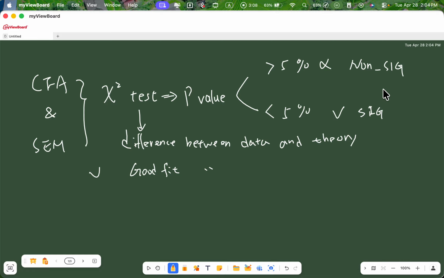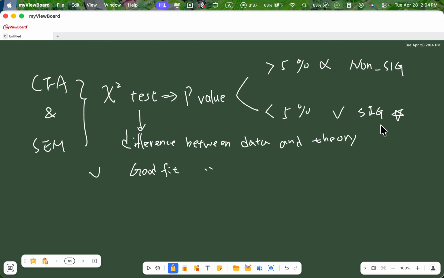So we're looking for the p-value. Try to remember this one. We're looking for a p-value of chi-square greater than 5%. But usually you will receive a different result. When you use chi-square to test your CFA or SEM, usually your p-value will be less than 5%. It's significant.